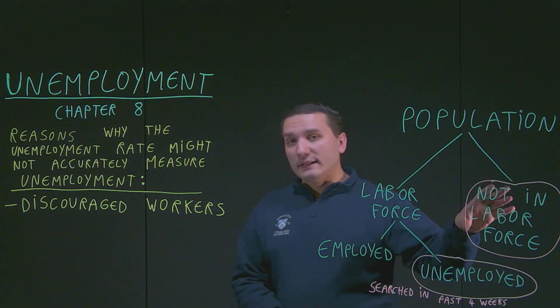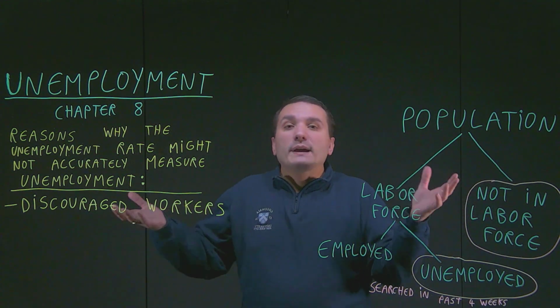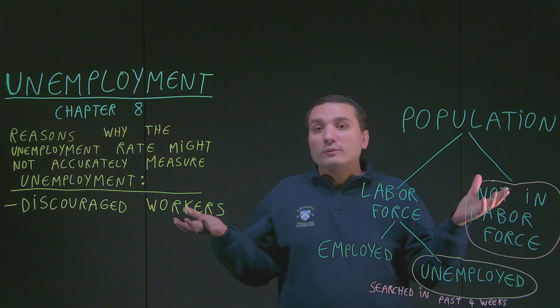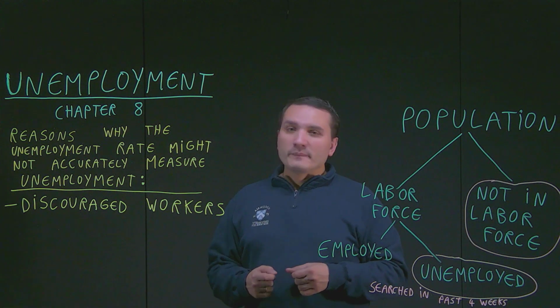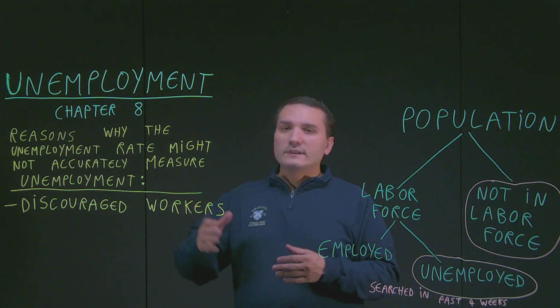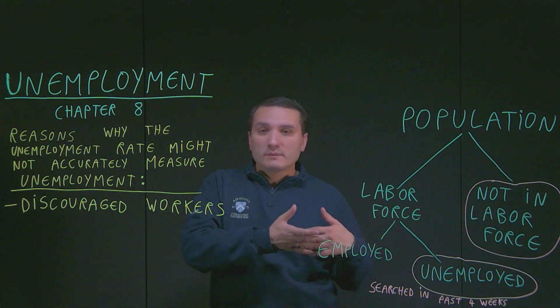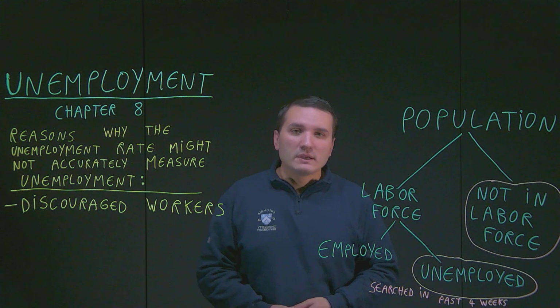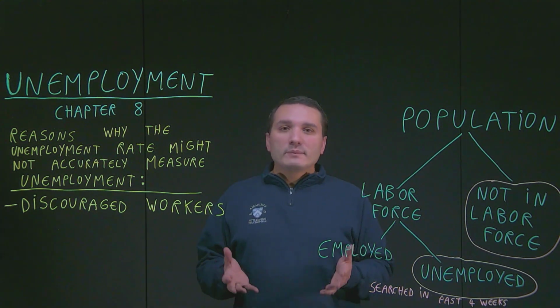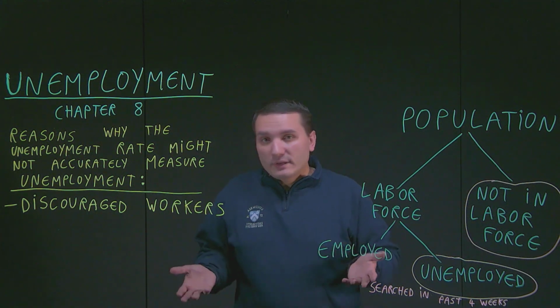We count them as not in the labor force because we confuse them for basically stay-at-home parents, for example, or stay-at-home people. We have no way to differentiate, statistically speaking, who's a discouraged worker versus who is a person who just stays at home because they want to stay at home. Either way, you look like a person who could work, could have a job, but is not currently looking for a job.